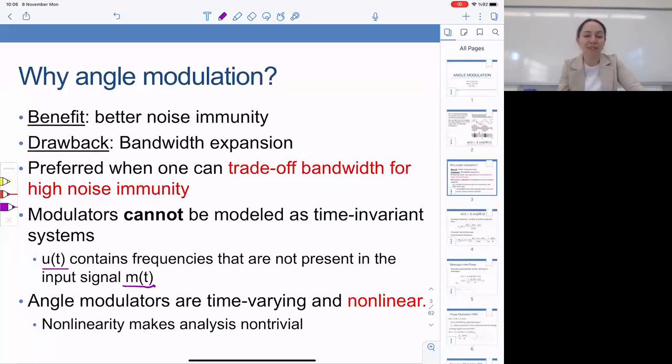At the output of an LTI system, you do not see frequencies that are not present in the input, right? But you do see new frequencies that are not present in the input at the end of angle modulation. So angle modulation is not an LTI operation. They are also nonlinear, okay? Time varying and nonlinear.